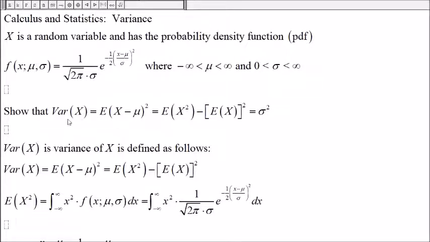The variance of X is defined as the expected value of (X minus mu) squared, where mu is the mean of X, which is the same as the expected value of X squared minus the square of the expected value of X. In an earlier video, we showed that the expected value of X is mu, so this is just mu squared.